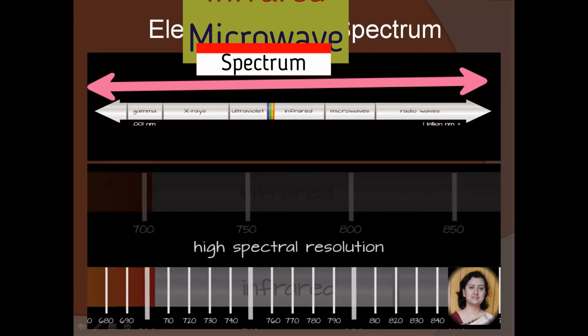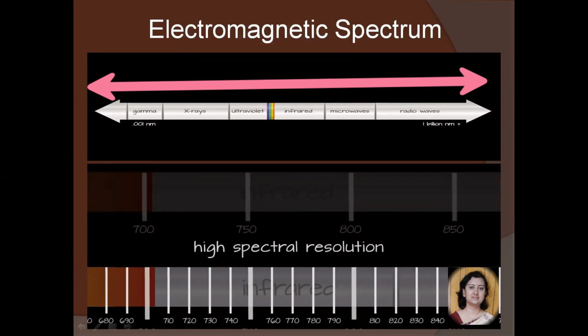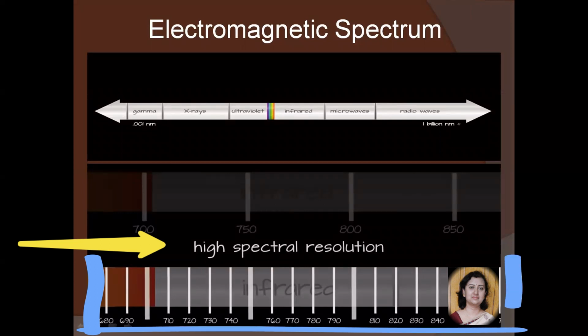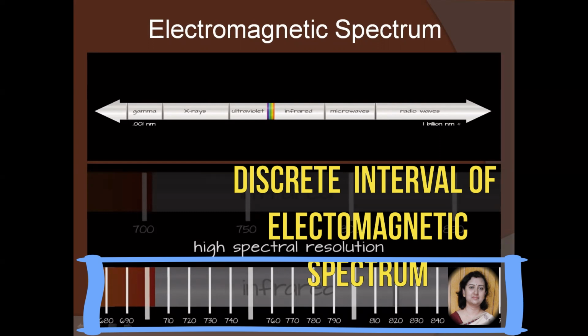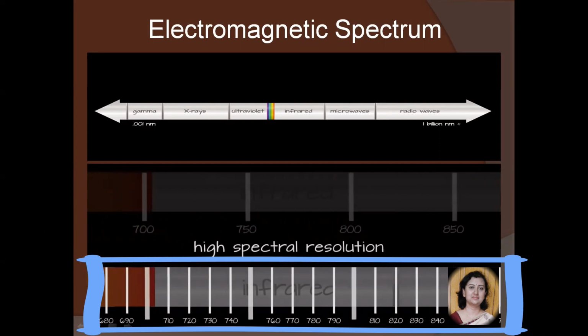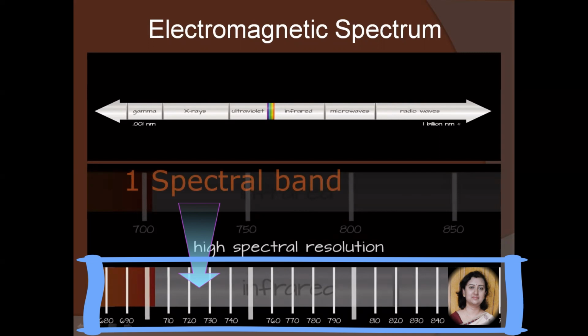The measurement of this radiation takes place in what are known as spectral bands. A spectral band is defined as a discrete interval of the electromagnetic spectrum. For example, the wavelength range of 720 nanometers to 730 nanometers is one spectral band in this figure.